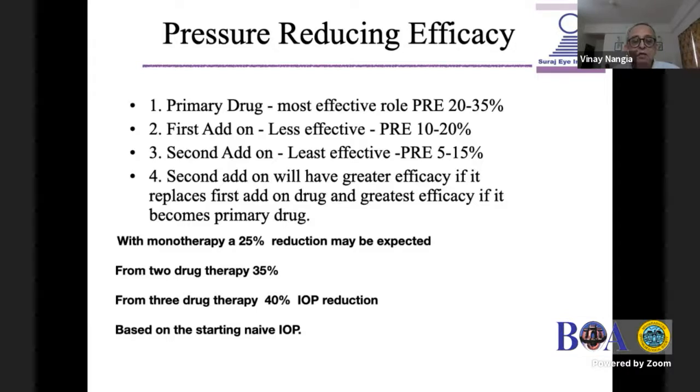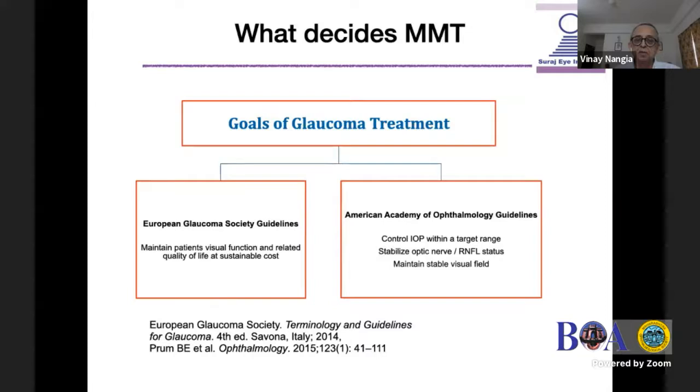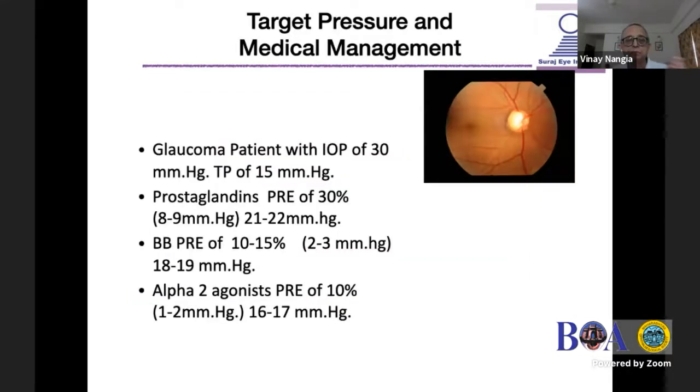And this is all based on the starting naive intraocular pressure, that is the pressure that the patient presents with actually. So this is a patient with an intraocular pressure of 30 millimeters of mercury. Let's say we had a target pressure of 15 millimeters of mercury. So we might start with prostaglandins. We might achieve a pressure reducing efficacy of 30%. Then we add beta blocker.